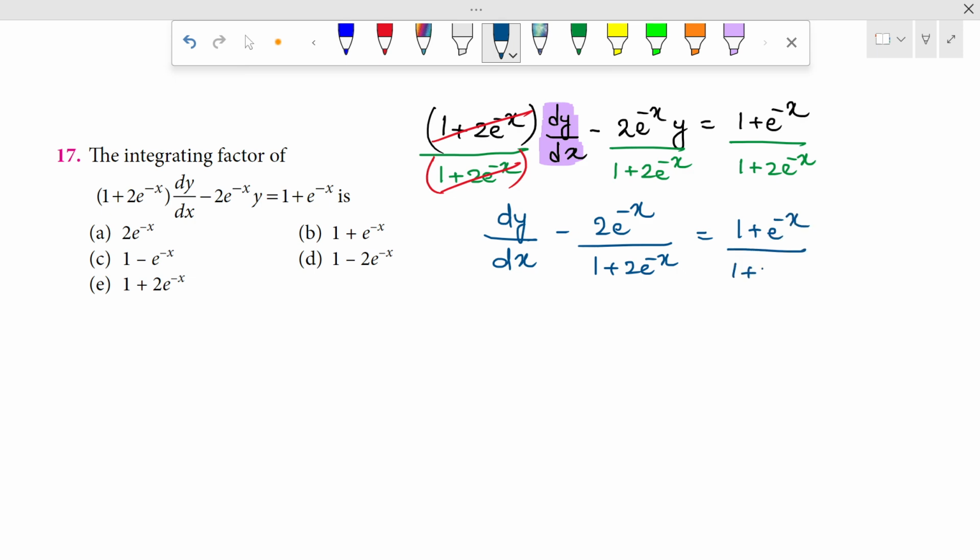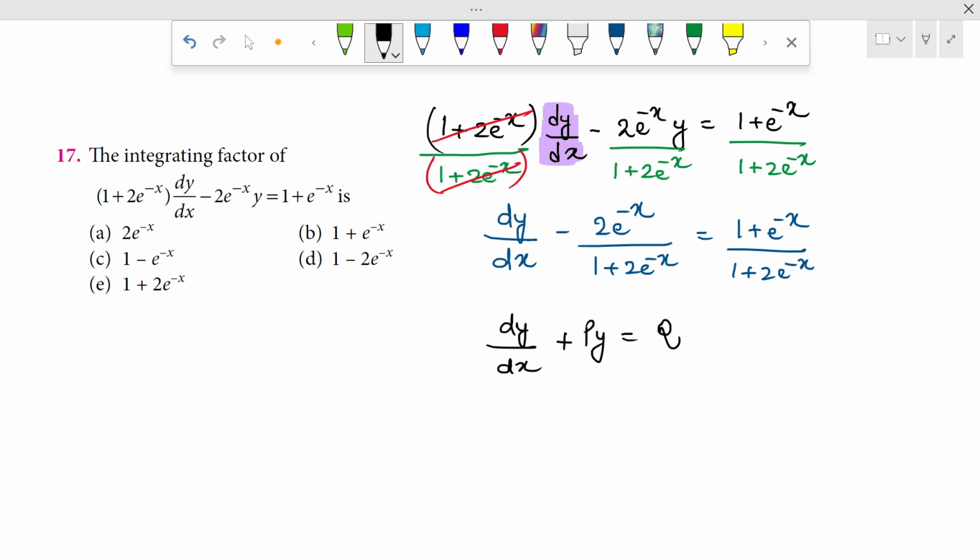Right? Okay. Now if you remember the form, what was the form? The form was dy by dx plus Py is equal to Q, right? Where P and Q are either functions of x or are constants. And in that case, we found the integrating factor as e raised to the power integral of P dx.